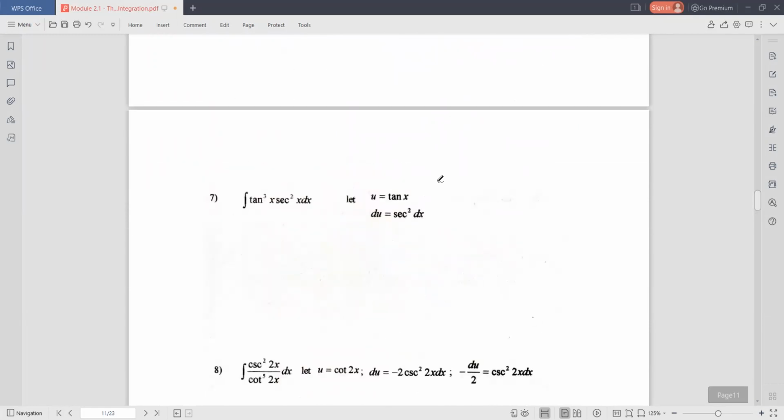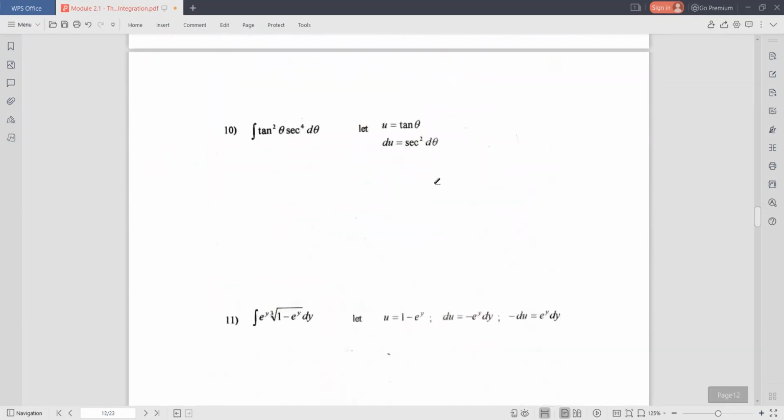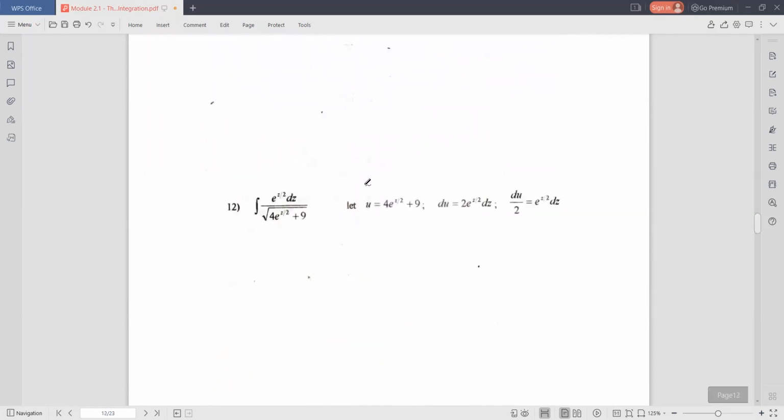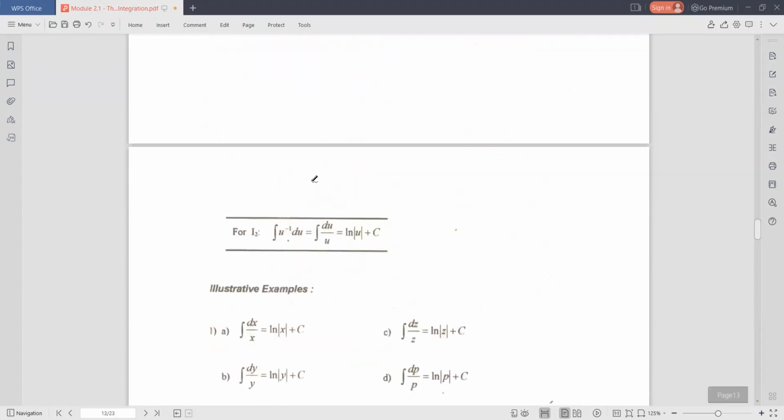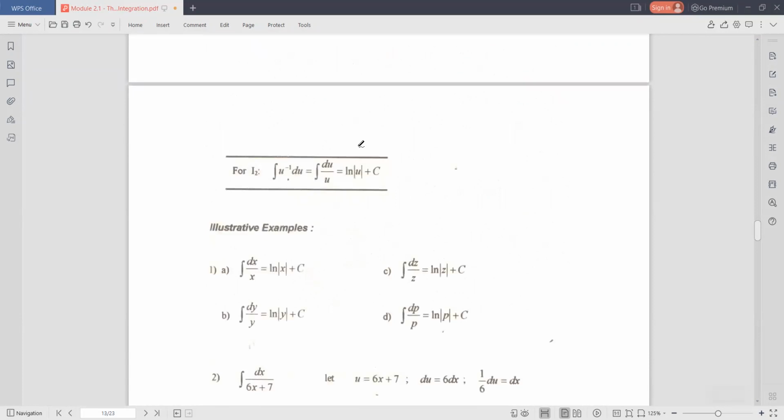I think there are 12 problems, and you must solve at least 5 problems. So out of 12, choose 5 to practice solving. And that's your assignment.